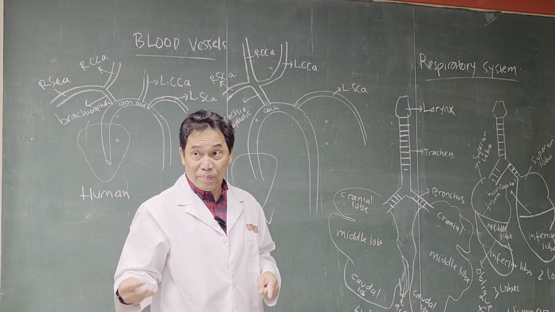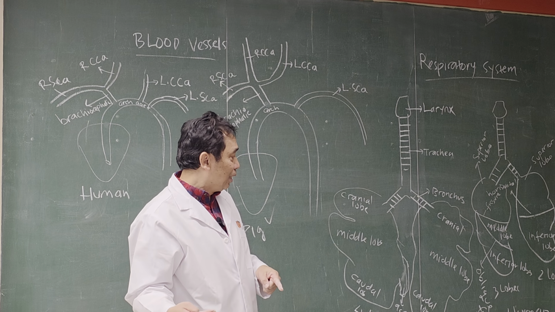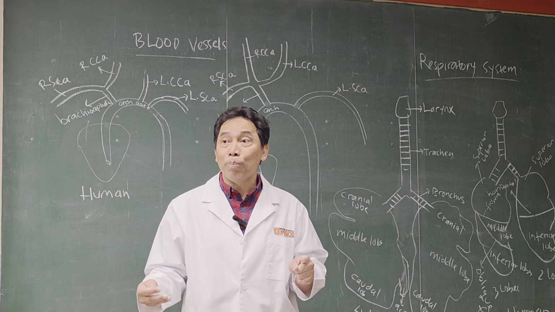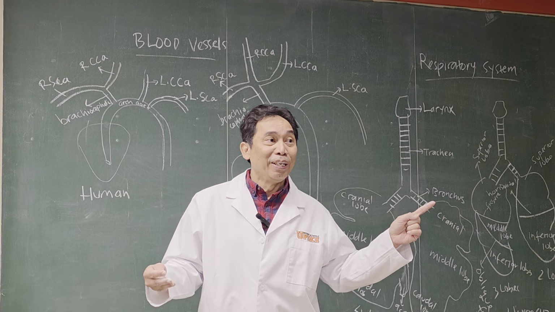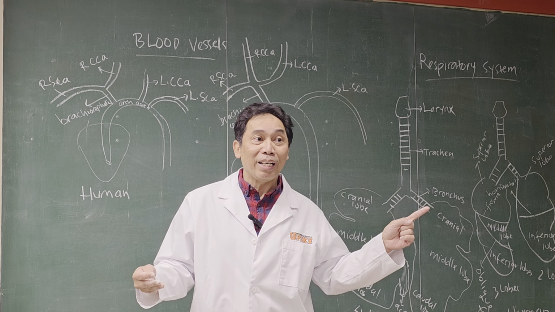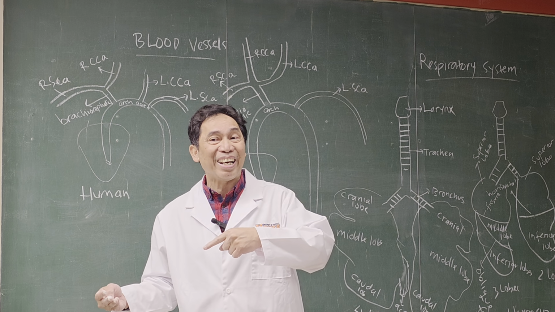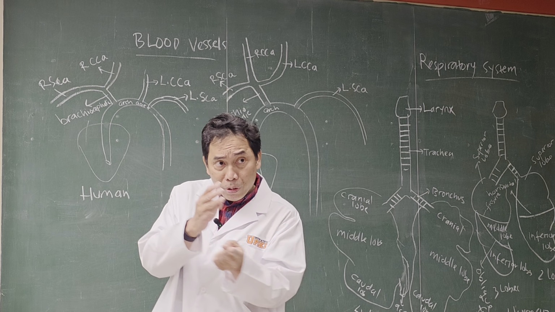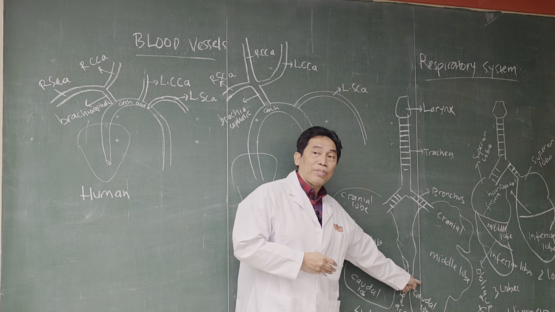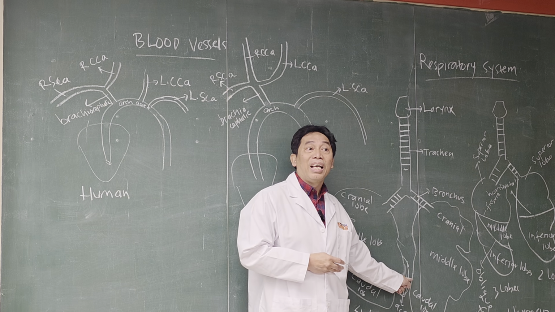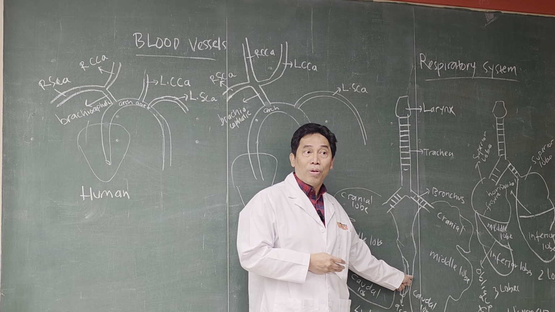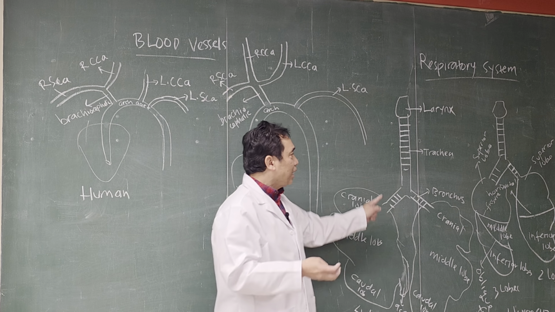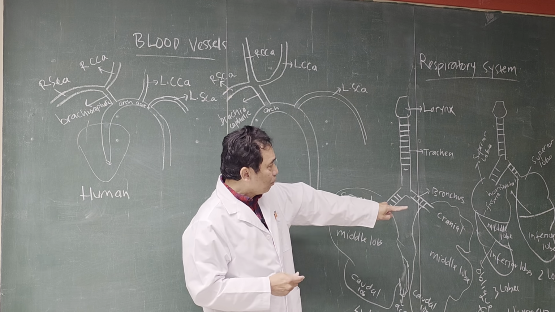Very, very small. To be honest, the location is most likely to the left side, but scientists just still put it on the right area. If you're looking for it, sometimes you have to look a little bit to the left side also, looking for this very small accessory lobe. All right. That's between human and the pig.